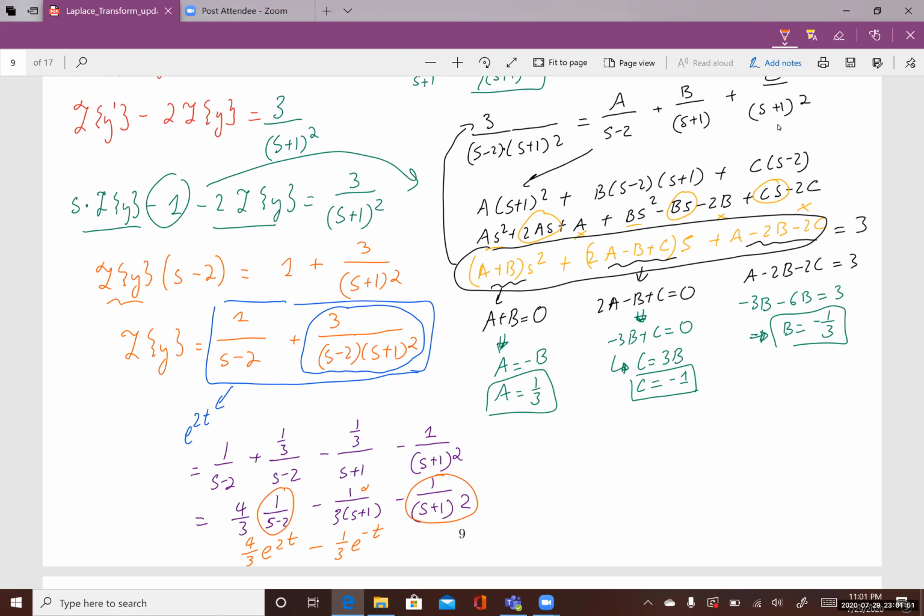This is a form of 1 over s squared, and then you move it, 1 over (s plus 1) squared here. So this is the form of t, and this is multiplied by e to the negative t. So the inverse of this function should be negative t times e to the negative t. So this should be your answer.